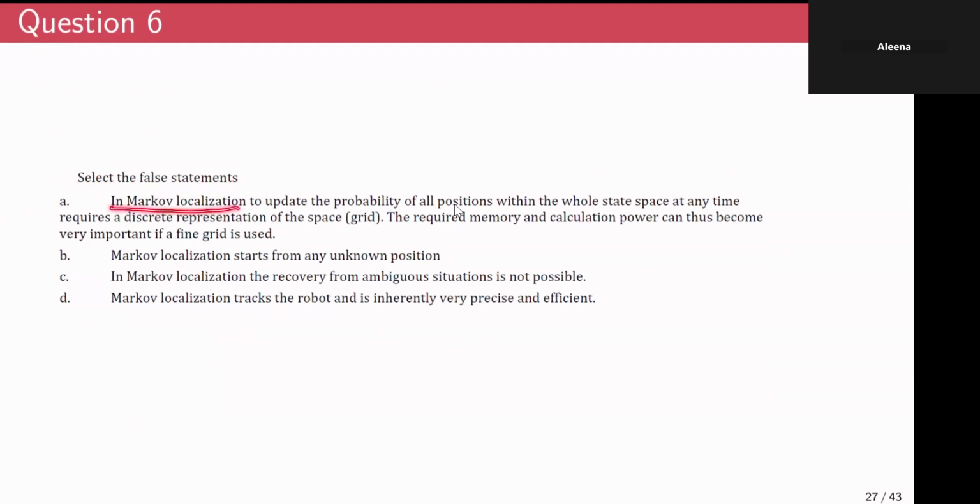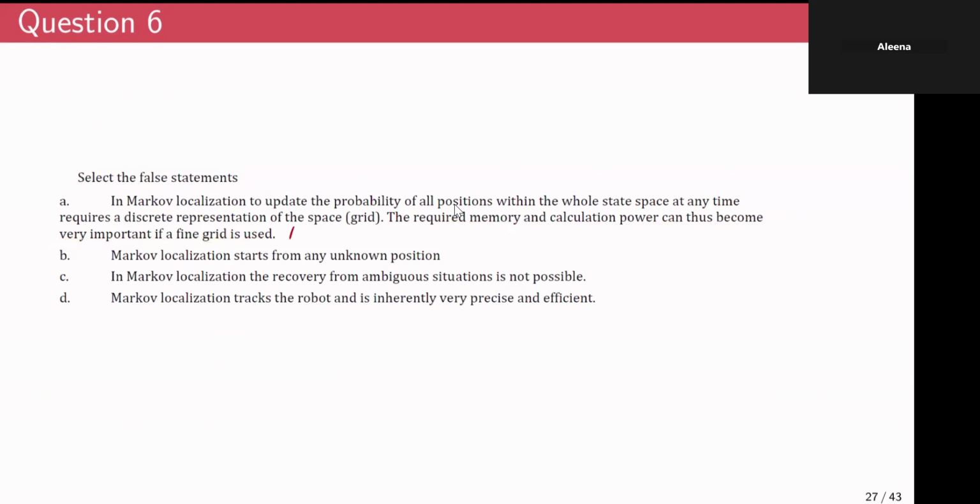In Markov localization, to update the probability of all points within the whole state space at any time requires a discrete representation of the grid. That is true, right? We know that the way Markov localization operates, it requires the entire grid to be discretized. So the required memory and calculation power can become very important if a fine grid is used.